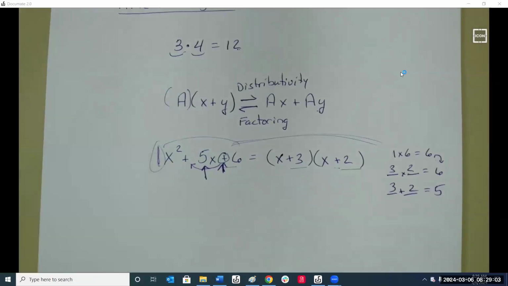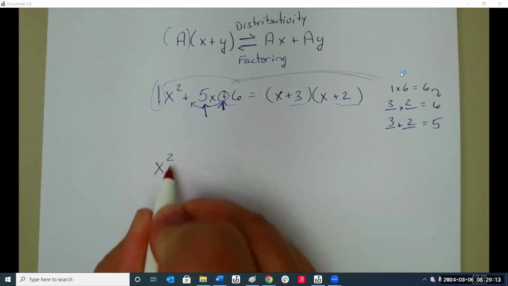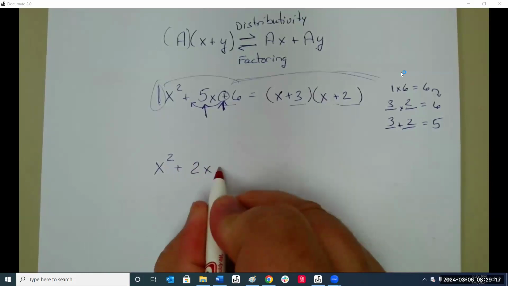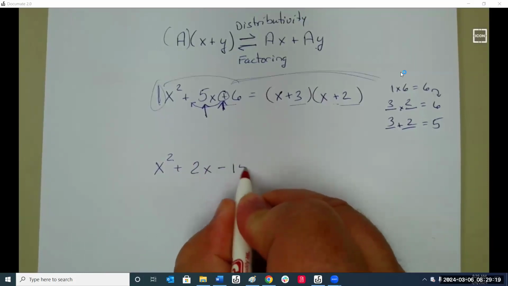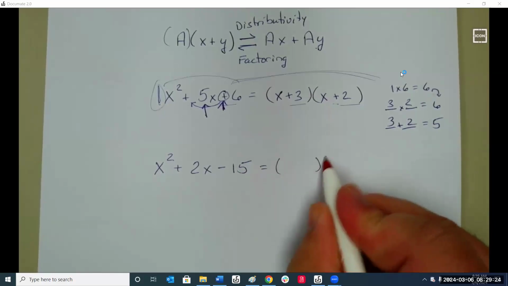I know this is not part of this section here, but do you want to do some more of these types? Okay, this I'll show you. What if we had this? Factor that one out with the same logic we just had.